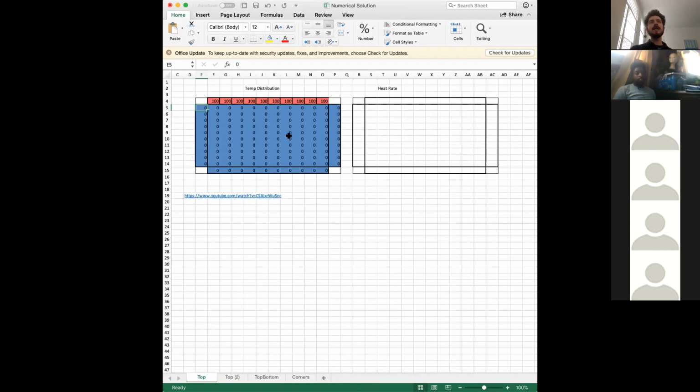So what we had said is that if you take any circle in here, and any point, there's a relationship between this point and the surrounding temperatures. If we want there to be 0 heat rate, that set of equations we just wrote always has to be satisfied.